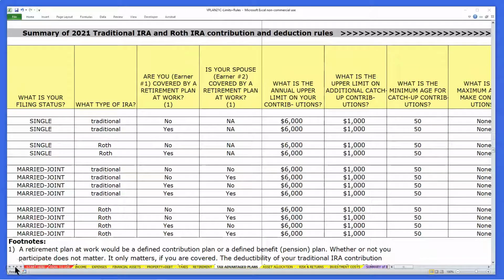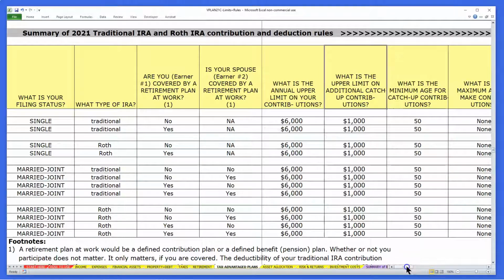So the key thing to realize is you have to figure out which of these lines apply to yourself. For example, related to traditional IRA contributions and deduction limits, if you are married filing jointly and you are not covered by a plan at work and your spouse is, you refer to this line here, which would be the second line here.